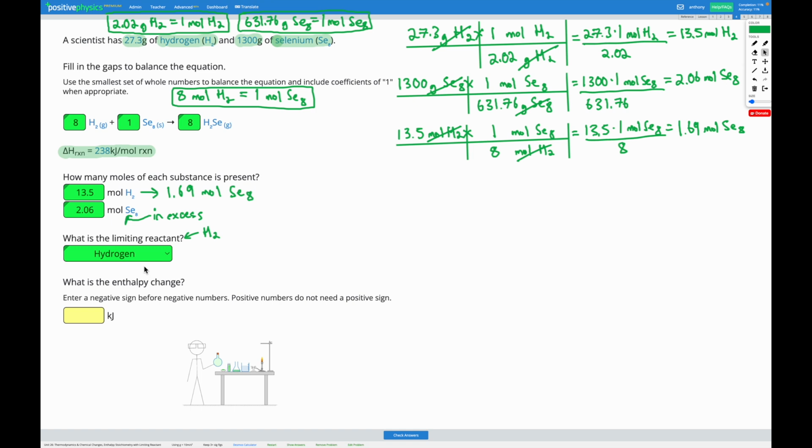Awesome. Okay, so our final step now is to find the enthalpy change. So we know we have 13.5 moles of hydrogen that's going to completely react with the excess of selenium. So all we need to do is convert our moles of hydrogen into the enthalpy change for the reaction. So let's set up our dimensional analysis table.